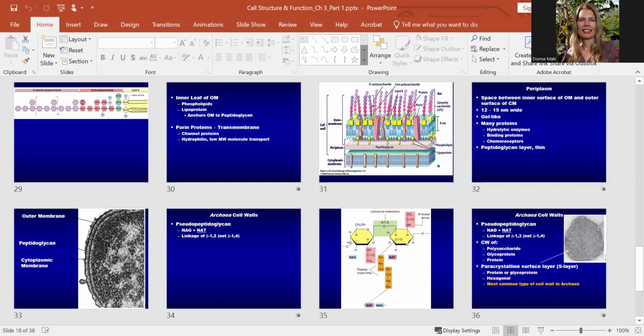Besides cell structure, we also got into metabolism, so we better cover some of that too. Metabolism. This is where we were first just orienting you to glycolysis and the citric acid cycle or the TCA, and then the electron transport chain, with the idea that hopefully you've had at least some taste of that somewhere.